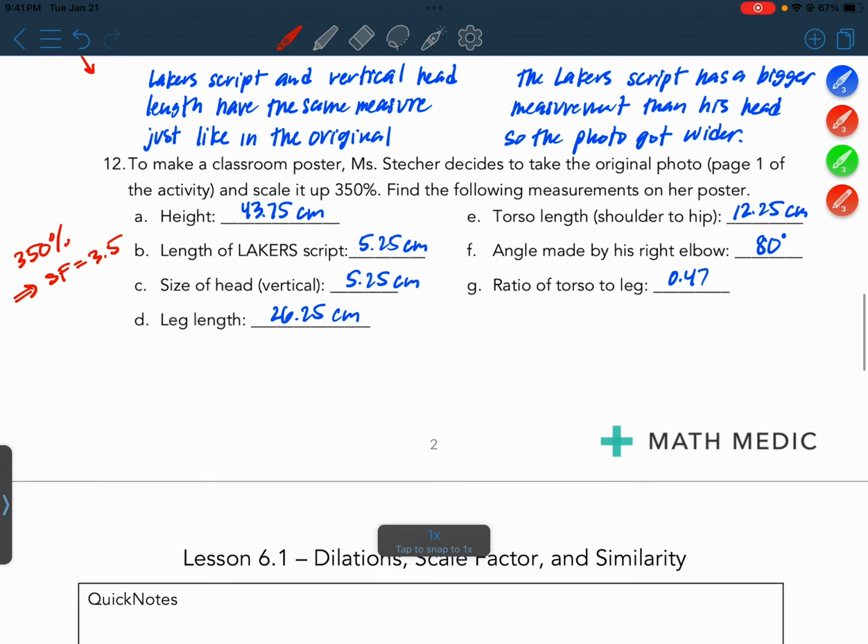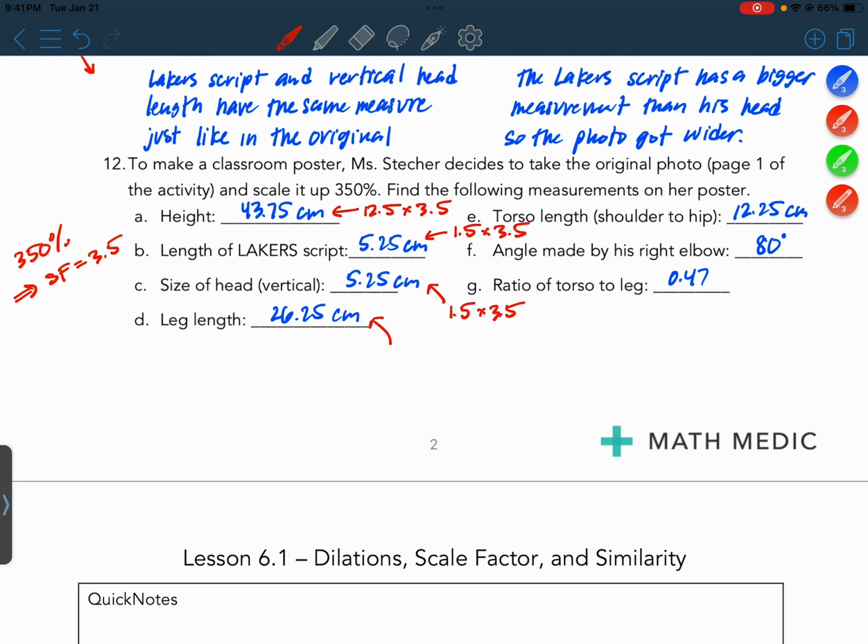All right, so we go back to page number 1. I'm going to use the measurements I had. The original height I had was 12.5. I multiplied that by the scale factor 3.5. For the Lakers script, originally I had 1.5 centimeters, and I'm going to multiply that by the scale factor 3.5. Same thing for his head. 1.5 was the original measurement, and 3.5 is the scale factor.